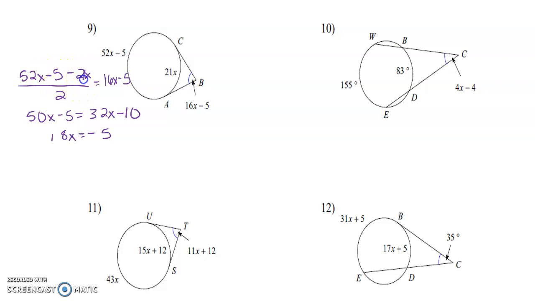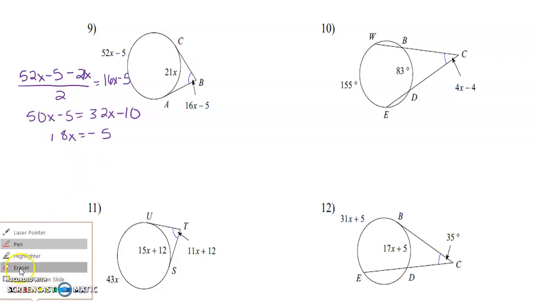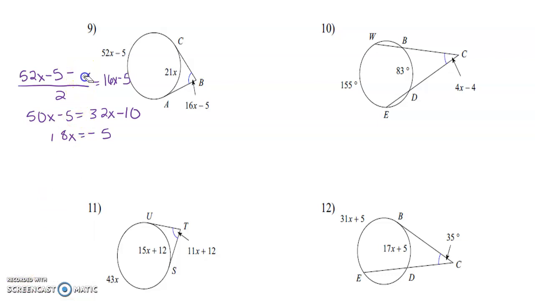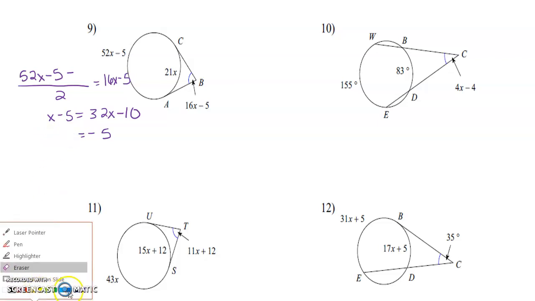I dropped my 1 right here, so that's what's caused this to be strange. Let's go ahead and fix that. As soon as I saw my answer not working out the way I want it to. It's all right. We're going to go ahead and just fix that. So this is going to be minus 21x.